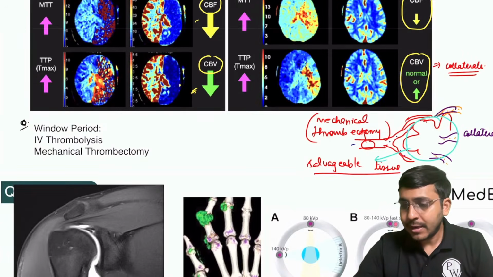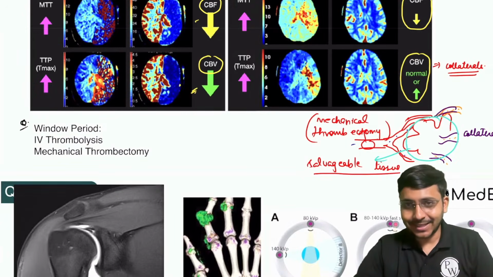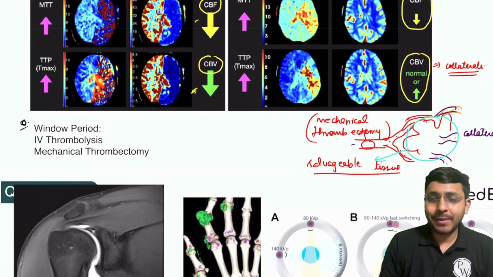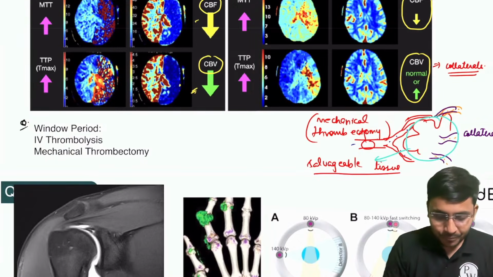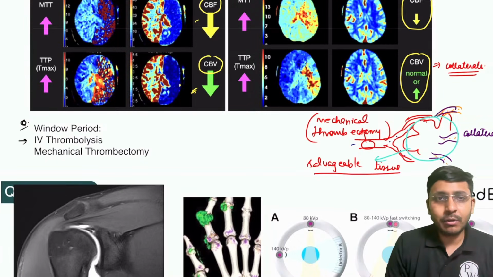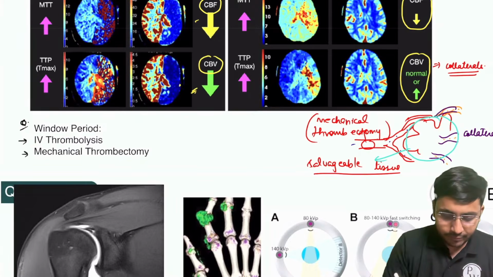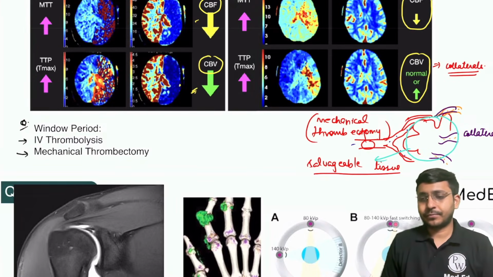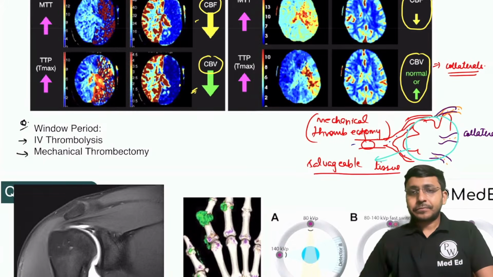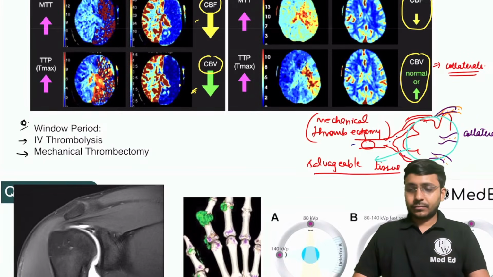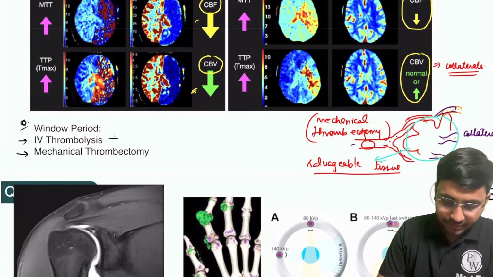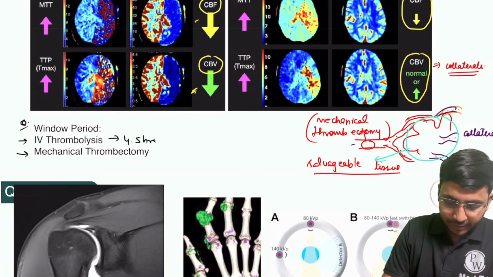Until now you have been patiently listening to what I've been saying. Now this is a medicine topic, medicine things I'm asking you. What is the window period for IV thrombolysis? What is the window period for mechanical thrombectomy? Yes, for IV thrombolysis, the window period is 4.5 hours.